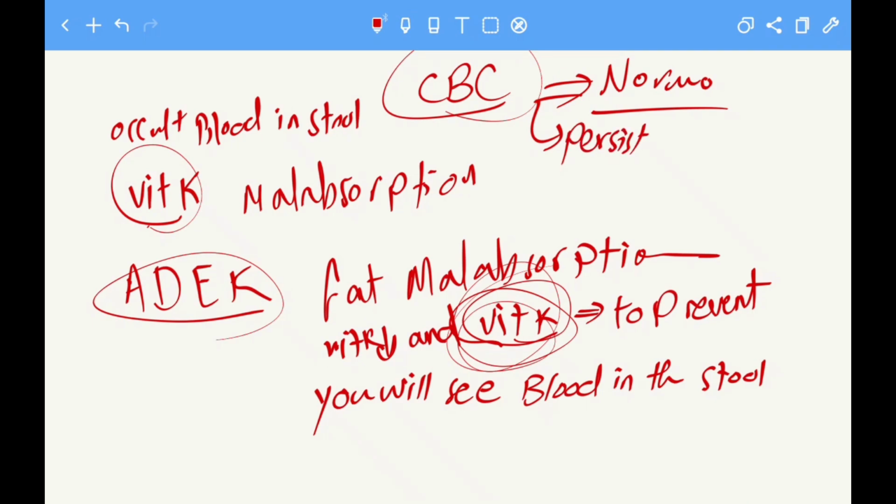So not all CBCs of inflammatory bowel disease will show macrocytic anemia. Okay. Why will this patient need colonoscopy? Because of the complication of colon cancer.